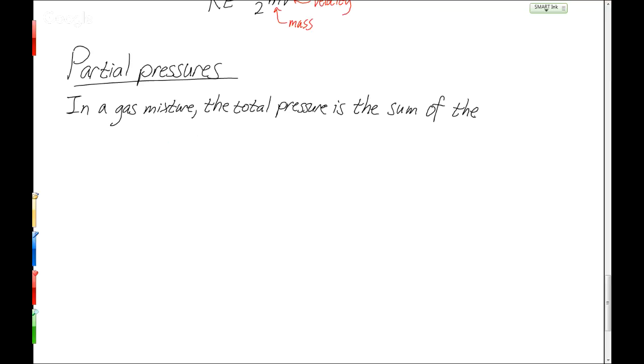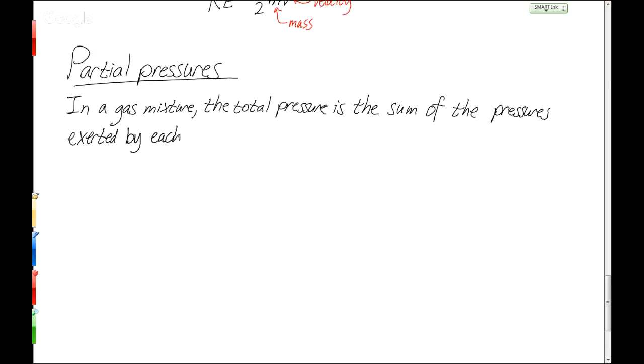So we'll say in a gas mixture, the total pressure is the sum of the pressures exerted by each gas.